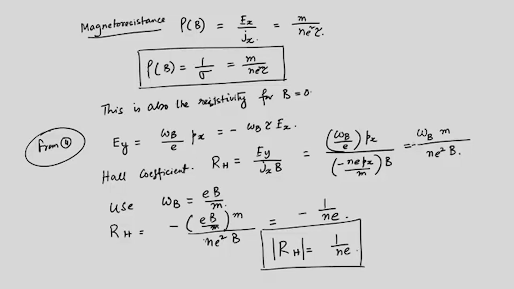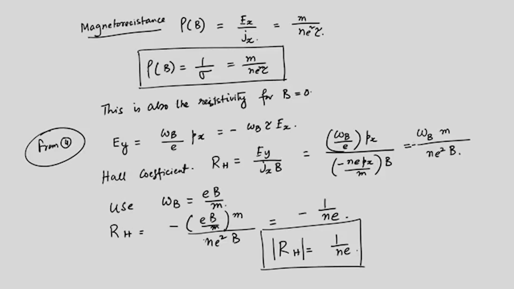Okay, so here it is independent of that. And of course it is also independent of the relaxation time. Tau was hanging around at various places, but it doesn't make an entry into the expression for the Hall coefficient, which means that it really doesn't matter what tau is.